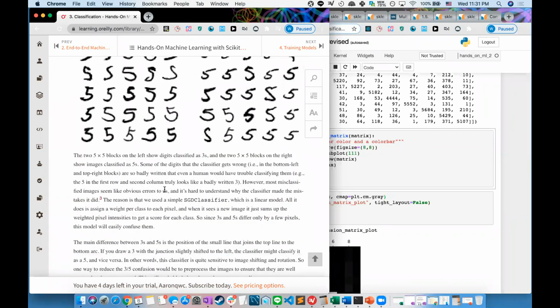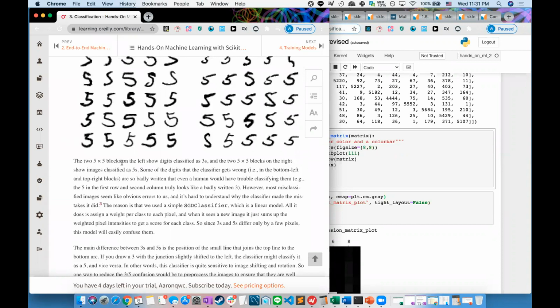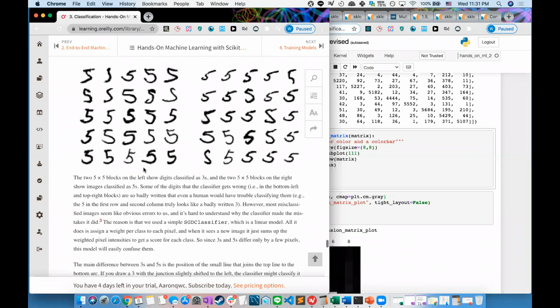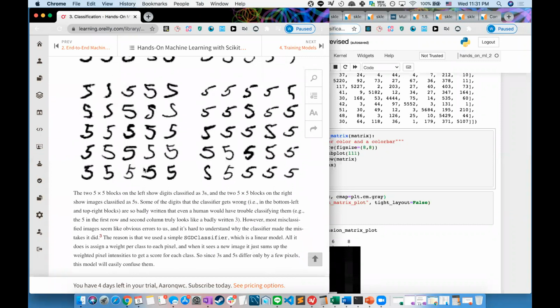The two 5 blocks on the left show digits classified as 3s. Again, those are actually just 5s, but classified as 3s. And the two 5 blocks on the right show images classified as 5s.